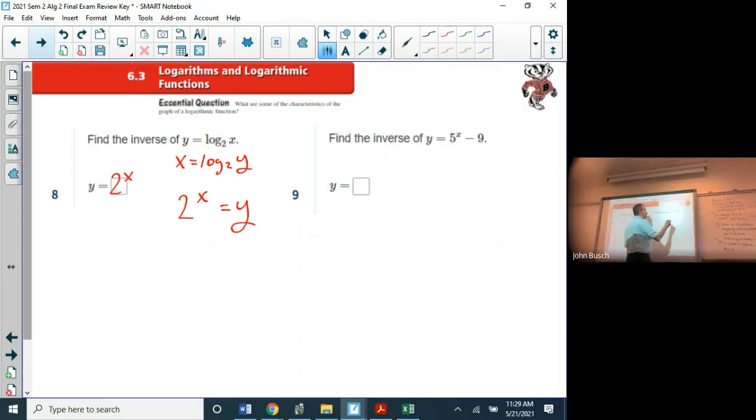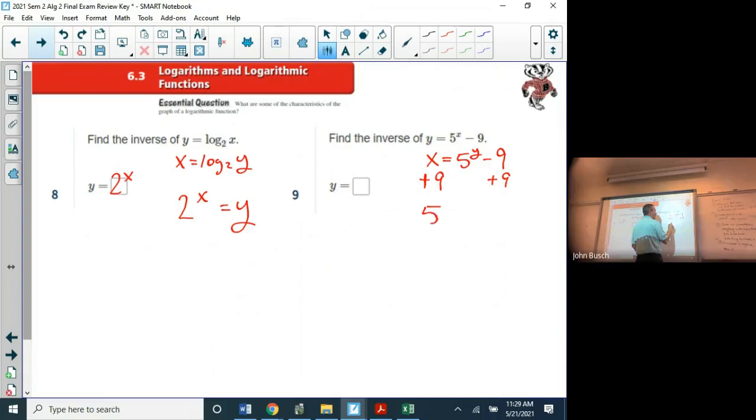For this one, rewrite it as a log, right? So we're going to write this function down, switching the x to a y and a y to an x. Solve for the exponential. So we're solving for 5 to the y by adding 9.